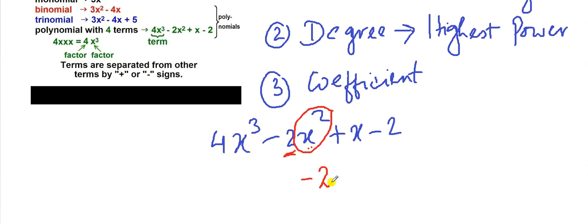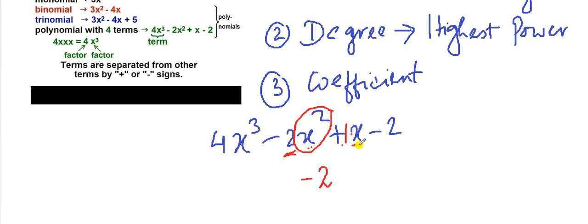If I want to find the coefficient of this particular x, then what is the factor associated with it? You don't see any number, which means the number is 1. So the coefficient of x is 1.